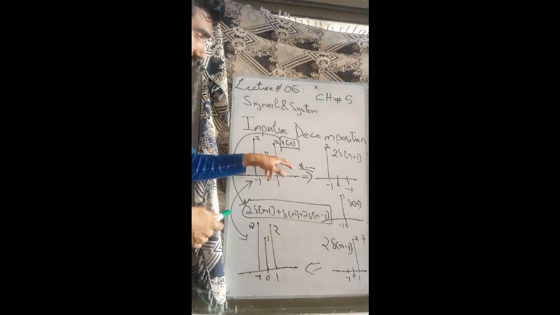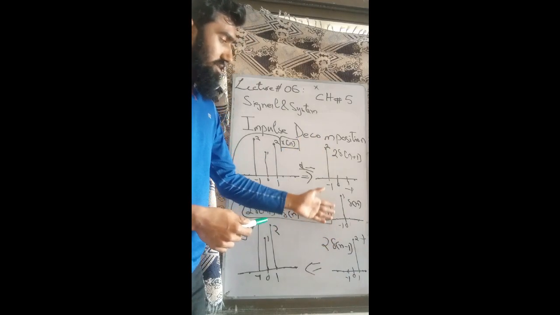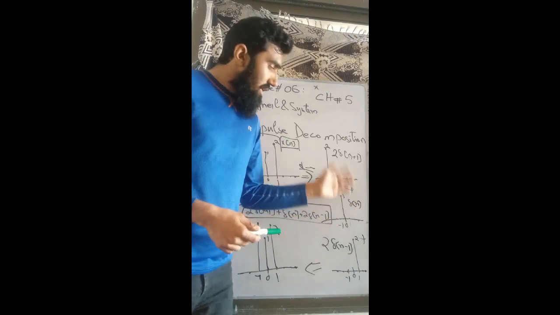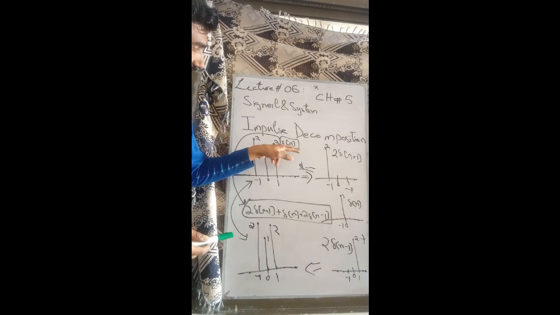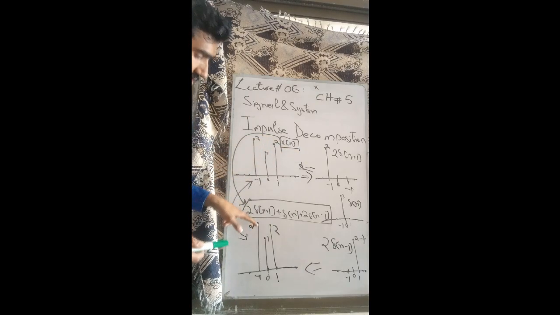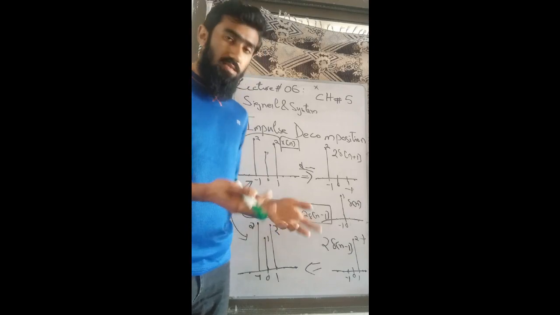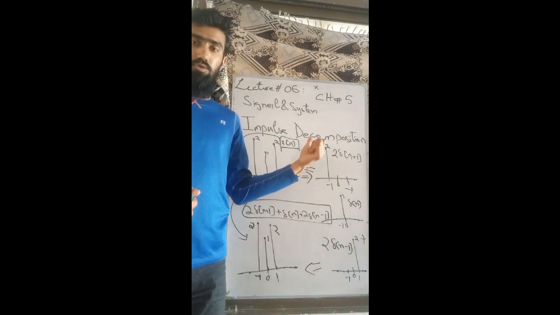We have taken a complex signal and decomposed it into a series of shifted and scaled impulse signals, and if we add these signals we get the same signal. So x of n is nothing but a sum of shifted and scaled impulse signals. This is the impulse decomposition.